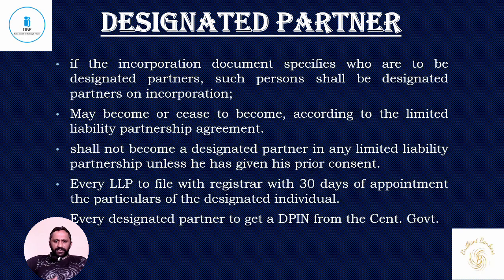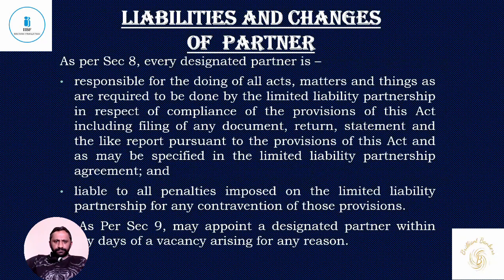He shall not become a designated partner unless he gives a prior consent, as discussed earlier. What are the liabilities of the designated partner? As per section 8, every designated partner is responsible for all acts, matters and things that are required to be done by the limited liability partnership in respect of compliance with the provisions of the act, and are liable as specified in the limited liability partnership agreement.